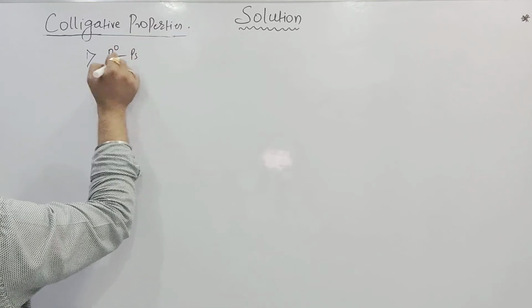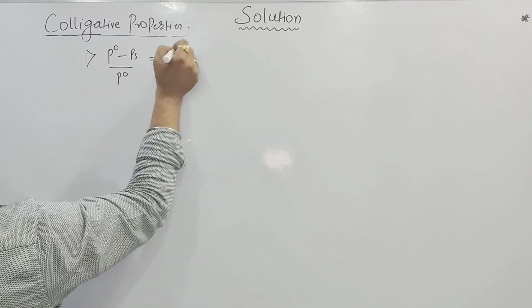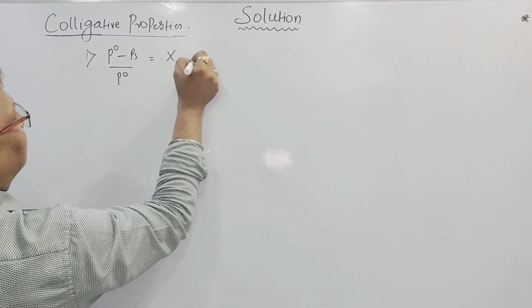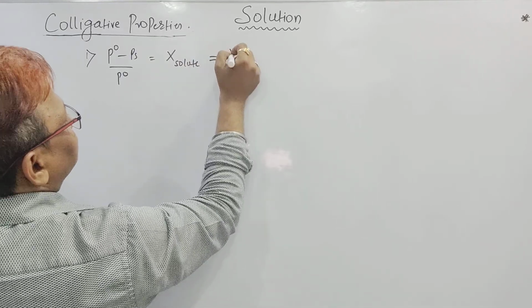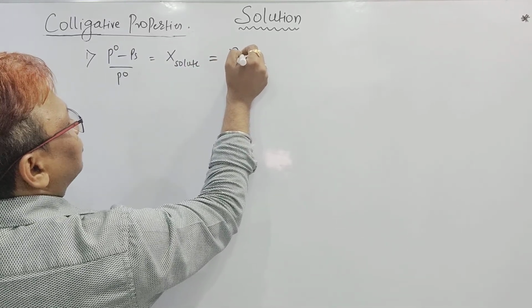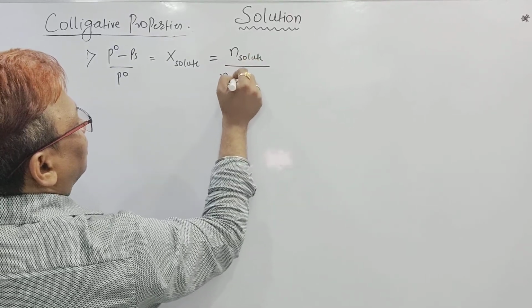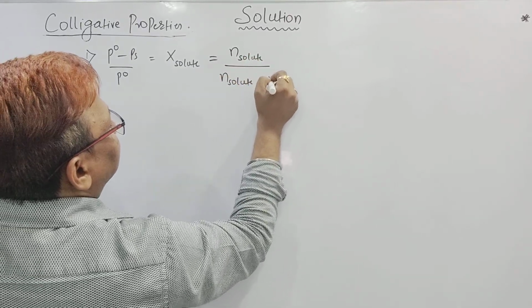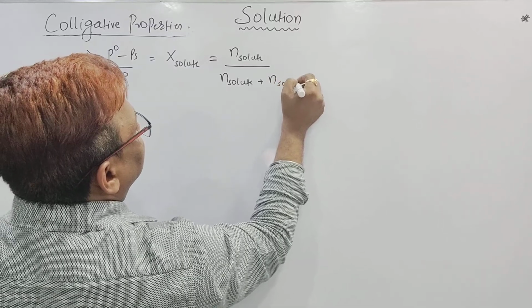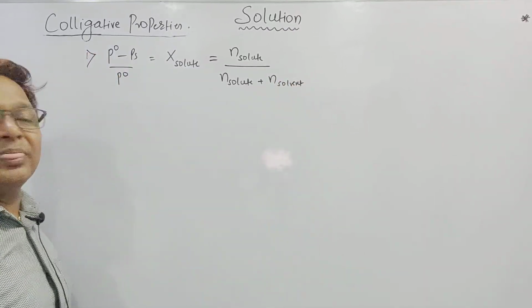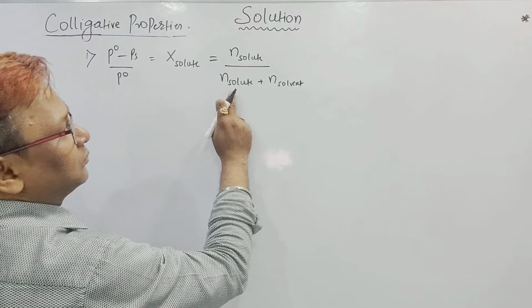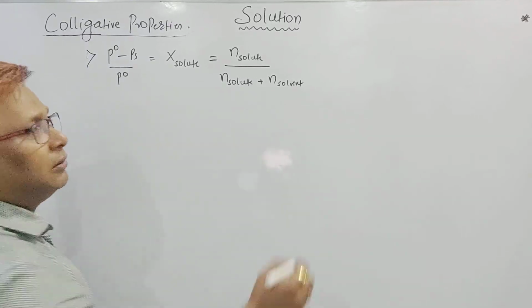P0 minus PS by P0 equals the mole fraction of the solute. A mole fraction of solute means number of moles of the solute by total number of moles of the components. Number of moles of solute by number of moles of solute plus number of moles of the solvent.